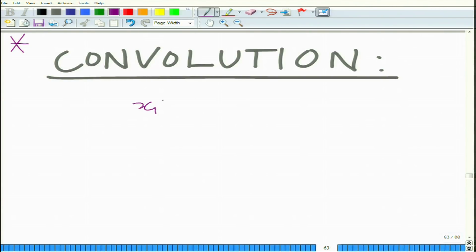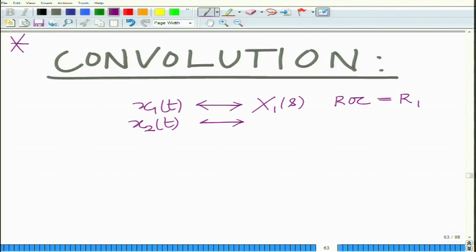So, let us say I have two signals, x1(t), with Laplace transform x1(s) and ROC equals R1, and x2(t) with Laplace transform x2(s) and ROC equals R2.